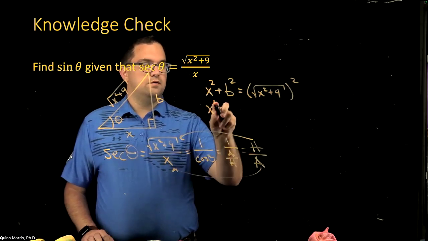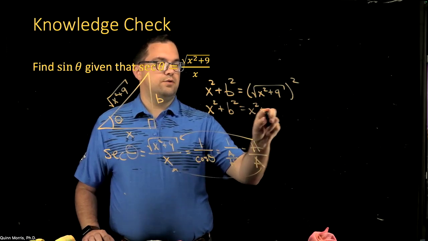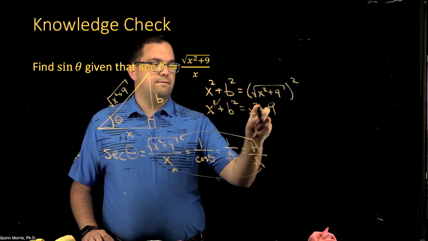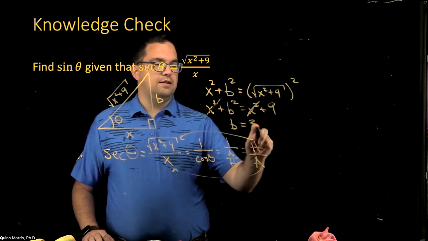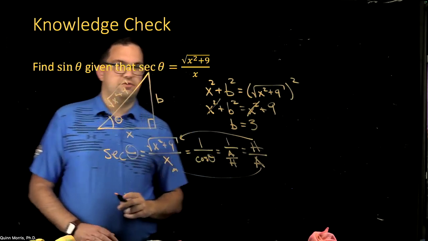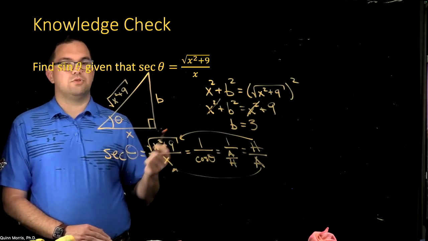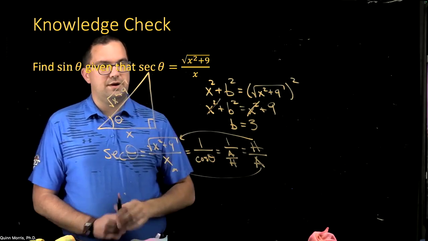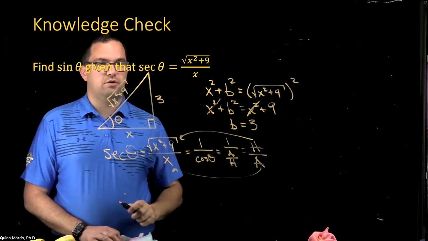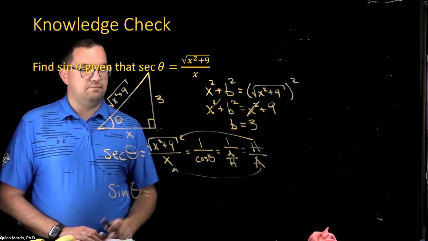And so I get x squared plus b squared is equal to x squared plus 9. I can subtract an x squared from both sides, and I'll see quickly that b ought to be 3, right? If I'm solving this purely algebraically, b should be plus or minus 3, but it's a length, so it should be positive 3. All right, now I've created my reference triangle, and now my goal is to find sine of theta.